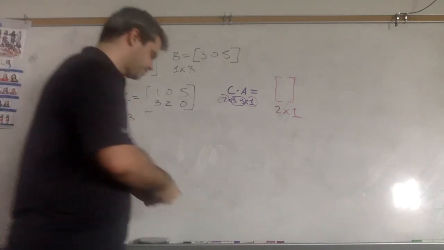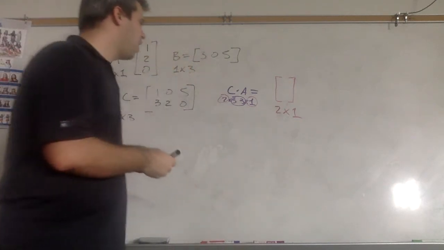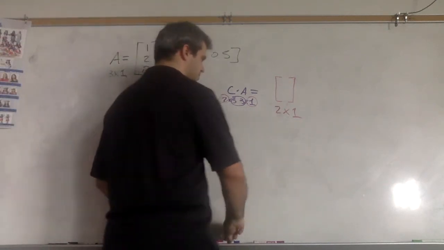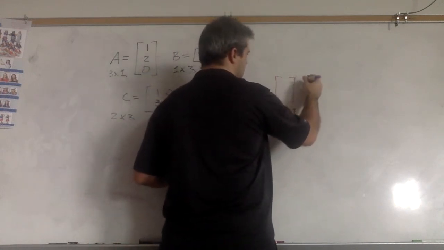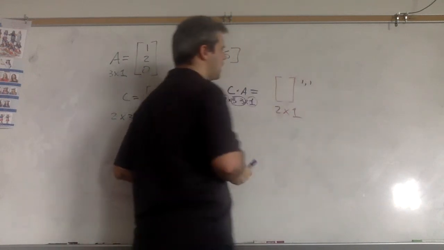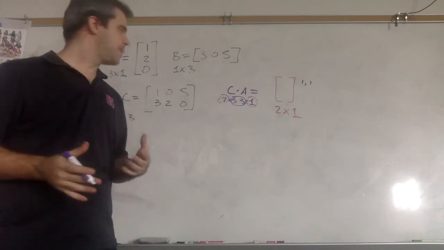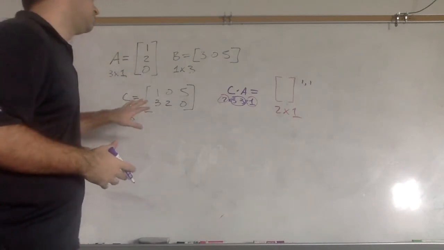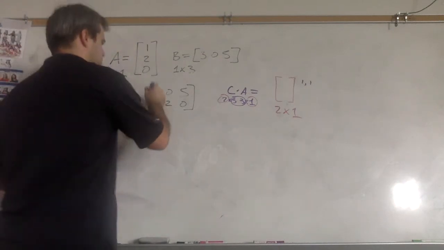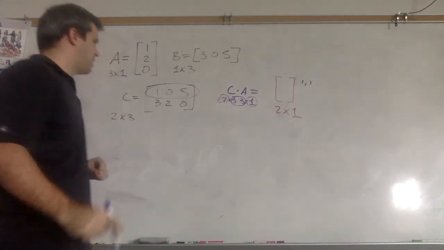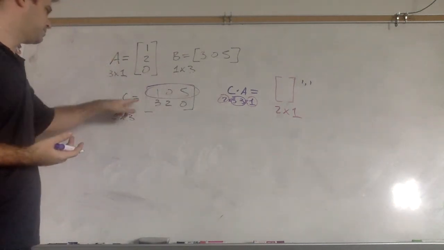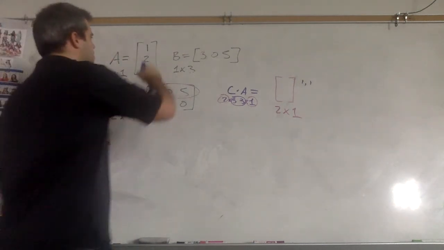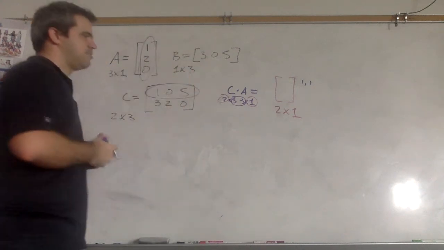All right. So how am I going to get this first value right here in 1, 1? Well, what I'm going to do is take a look at row 1 of my first matrix and column 1 of my second.